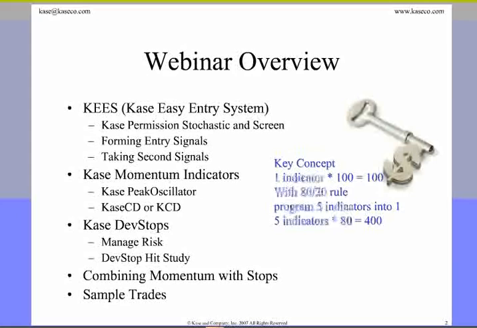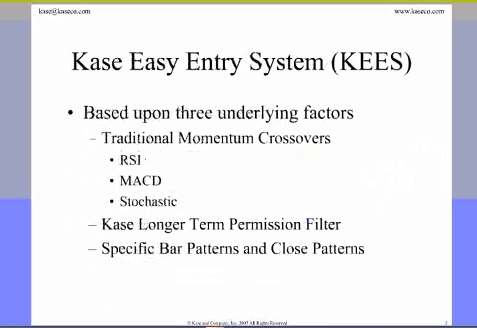And therefore, if the mind has the capability of understanding 100% of something, you can have 5 indicators, each valued at 80%, so you can quadruple the information that you intellectually process through the use of computerization, in a sense condensing the information into more manageable pieces. So that's the overall concept that underlies a lot of my indicators.